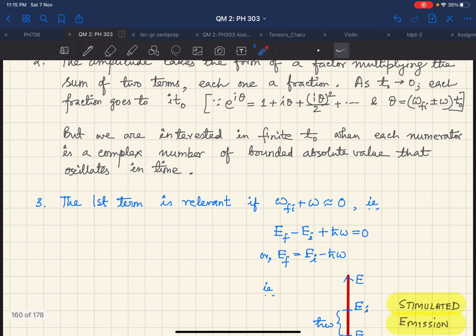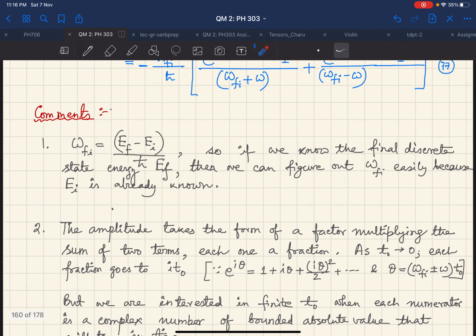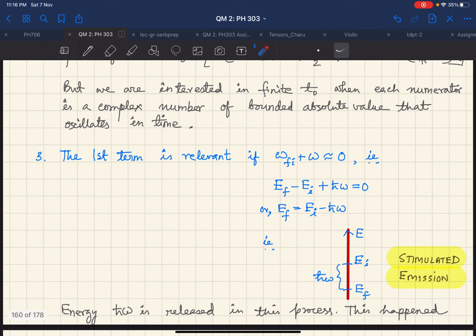So suppose, for the time being, let us say that the first term is very relevant, the first term is a very dominant term in the above expression of C and T. Then omega Fi plus omega equal to 0 means, since I know what omega Fi is, omega Fi is Ef minus Ei by h bar, I simply replace that and what I get is this.